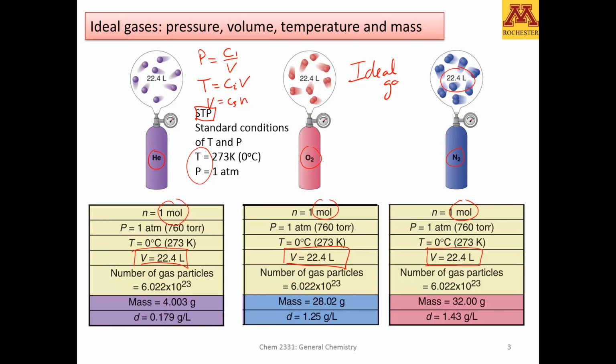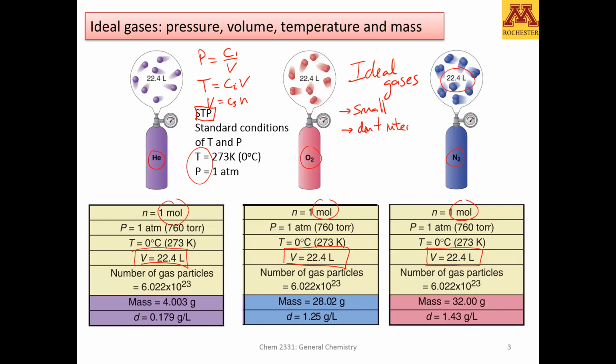Ideal gases in general are small, meaning the compound itself is simple. This is one of the assumptions, and typically you will see this behavior if they don't interact with each other.